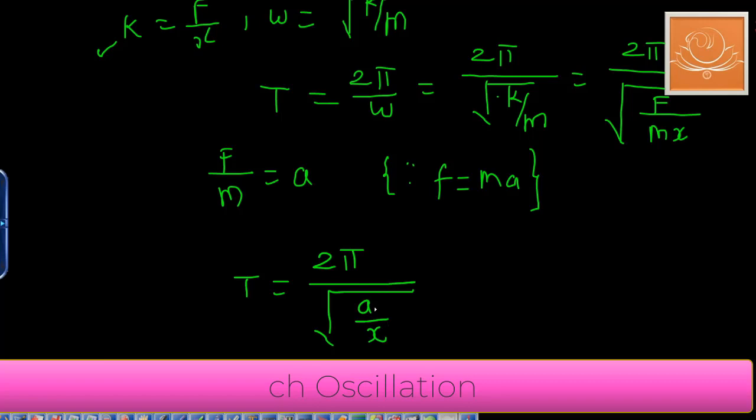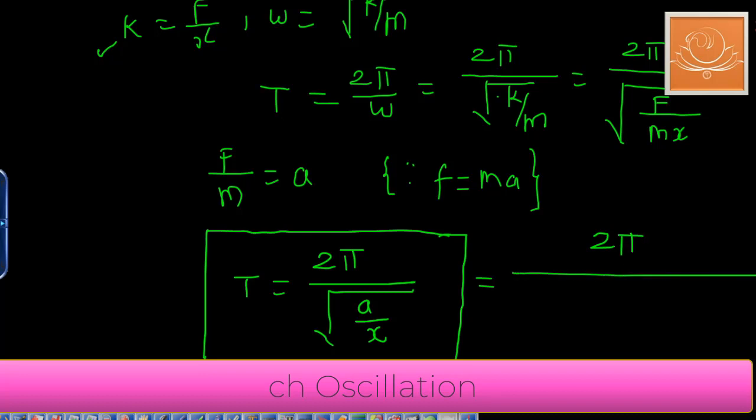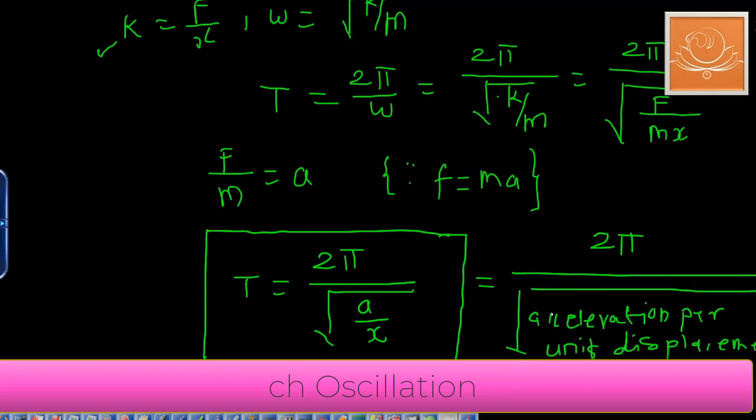Now a is the acceleration, x is the displacement. That means the period of simple harmonic motion is nothing but 2 pi divided by under root acceleration per unit displacement. The equation can be written like this.